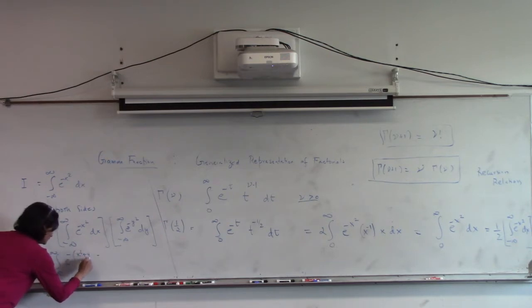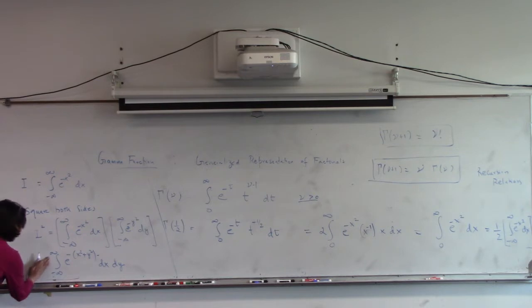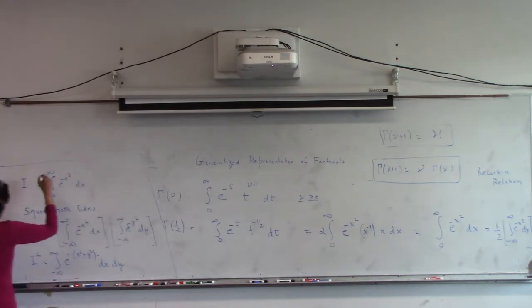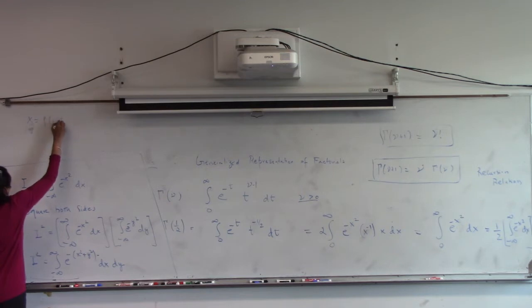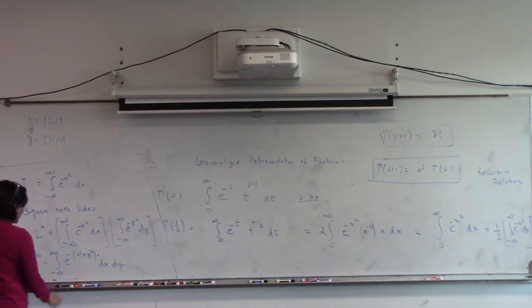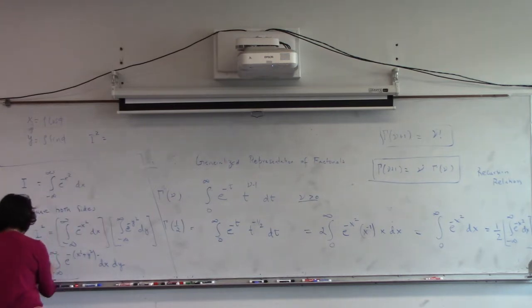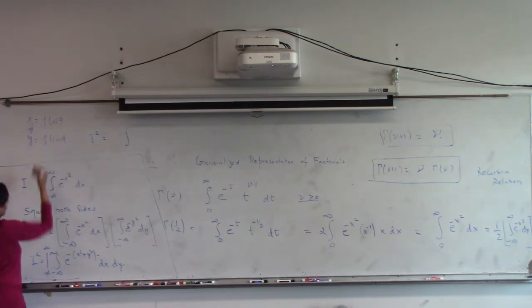So we just change this to plane polar coordinates, and then it becomes very easy to calculate. x is rho cosine phi, y is rho sine phi, right? So x squared plus y squared is rho squared, right? So I can write that.